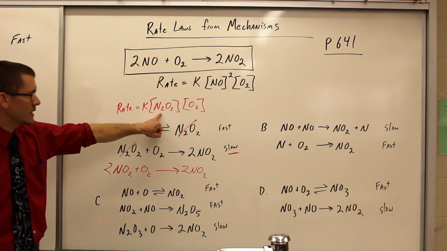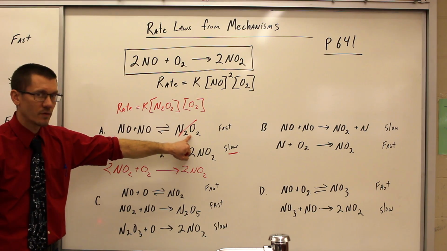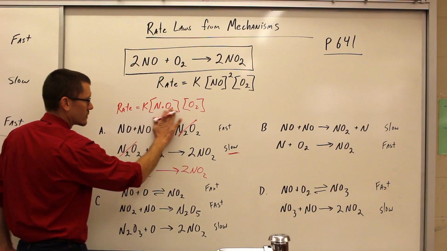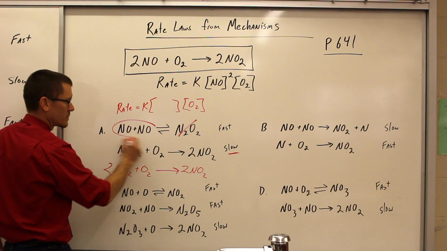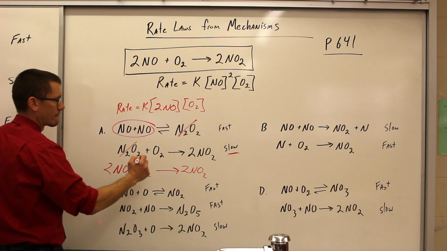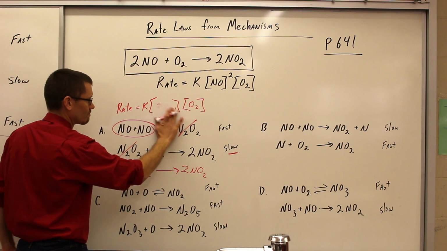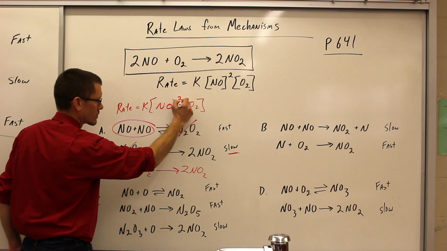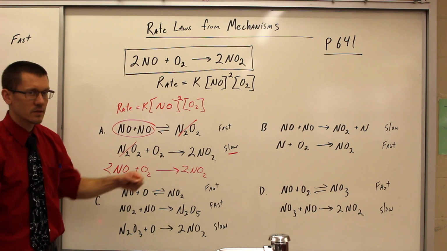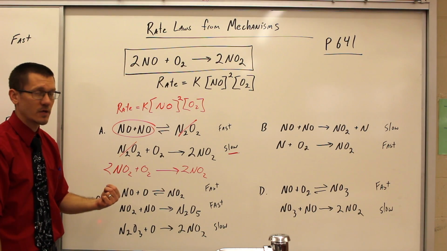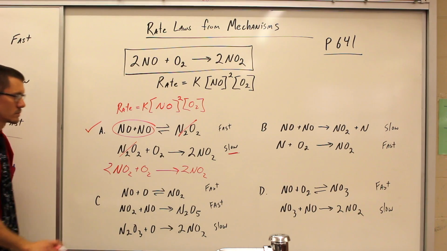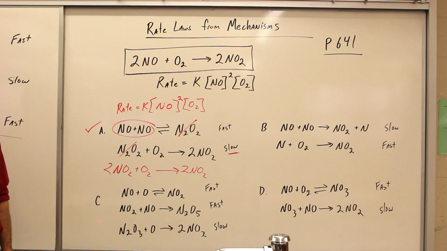But because it includes an intermediate, we have to substitute in for that intermediate. It's a 1:2 ratio, so we can take that out and substitute this in. The coefficient 2 becomes our exponent, so it is second order with respect to the nitrogen monoxide. It matches our rate law. A works.